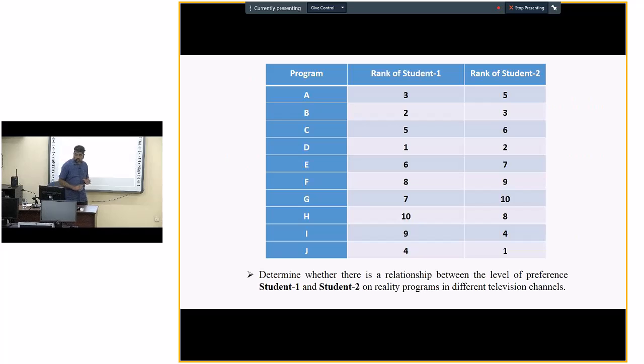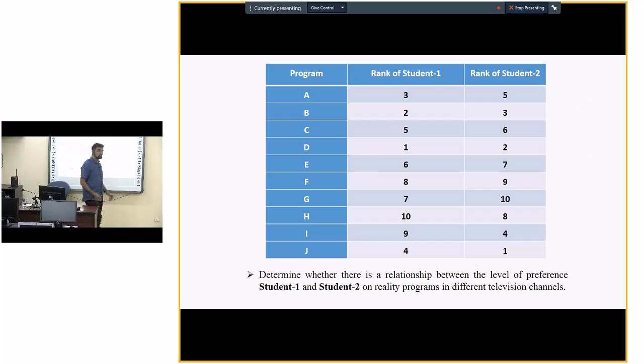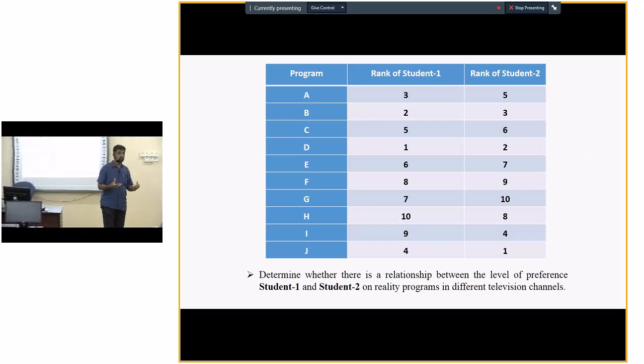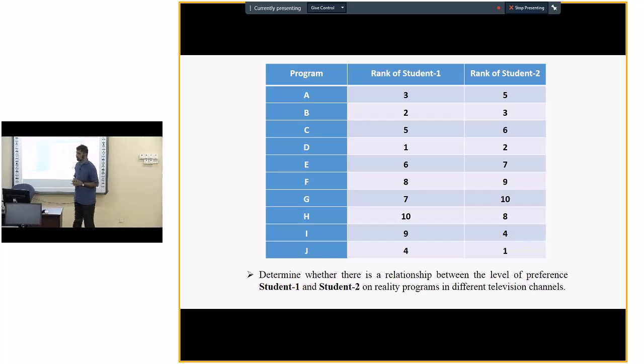Here, in this case, we have the rank of student 1 and 2 on a television reality program. Here you have rank data. These are not real numerical values, and the gap between these two is not meaningful, not equal.